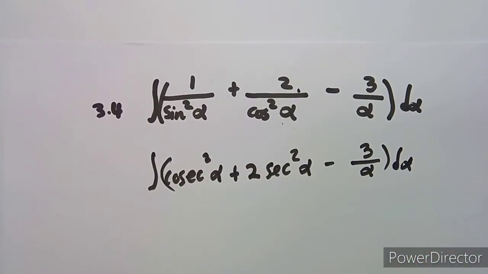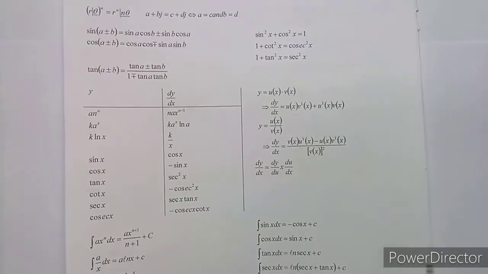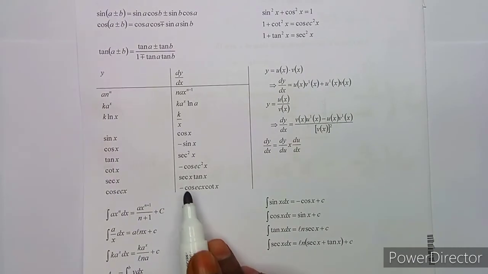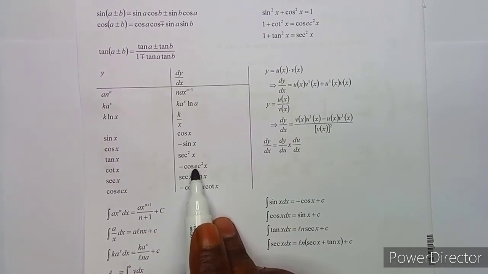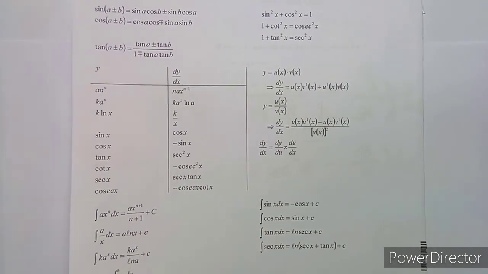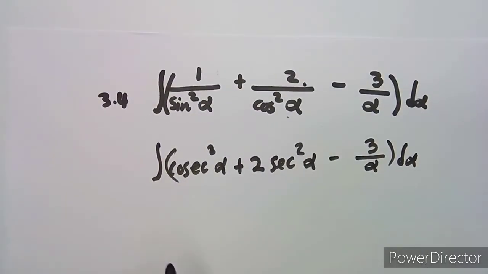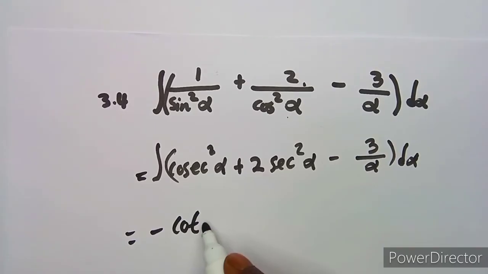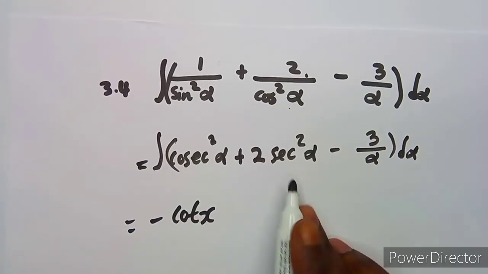And remember, the integral of cosec squared, actually you are not given, but I told you that integration is just a reverse. So the integral of cosec squared is going to reverse into negative cot x. The integral of sec squared is the same again.